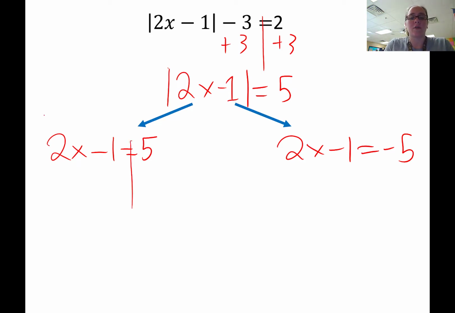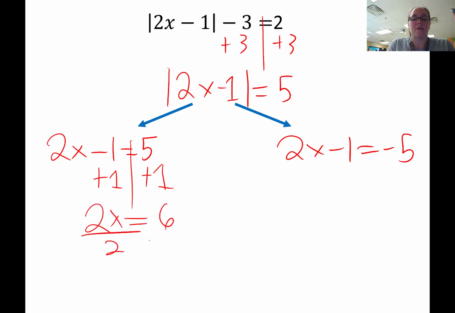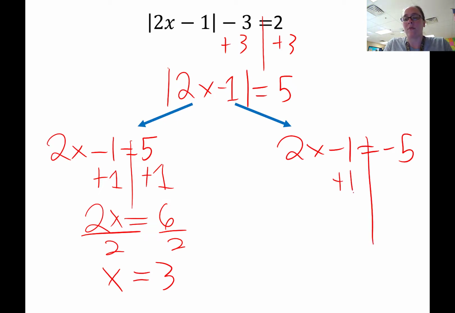So solving this one on the left first, I'm going to add 1 to both sides, giving me 2x equal to 6, divide by 2, and I get x is equal to 3. Work the second one out as well. Add 1 to both sides.